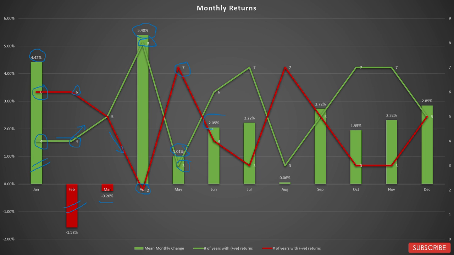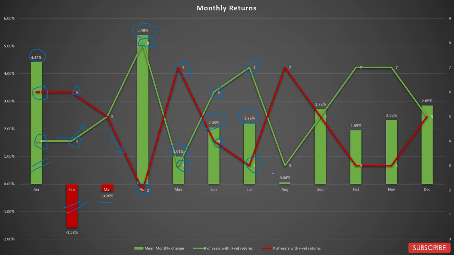June, a bit better with 2.05% returns, 6 positive and 4 negative years. July, definitely better than June with average returns of 2.22%. And in the last 10 years, 7 times the sector gave positive returns in July and only 3 times it gave negative returns.